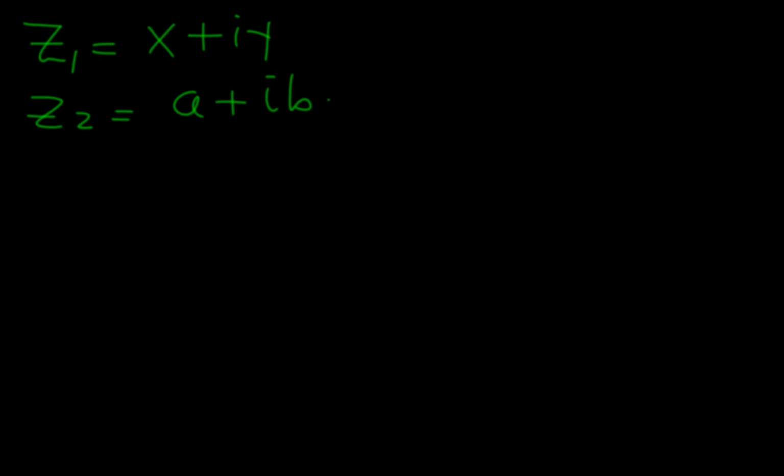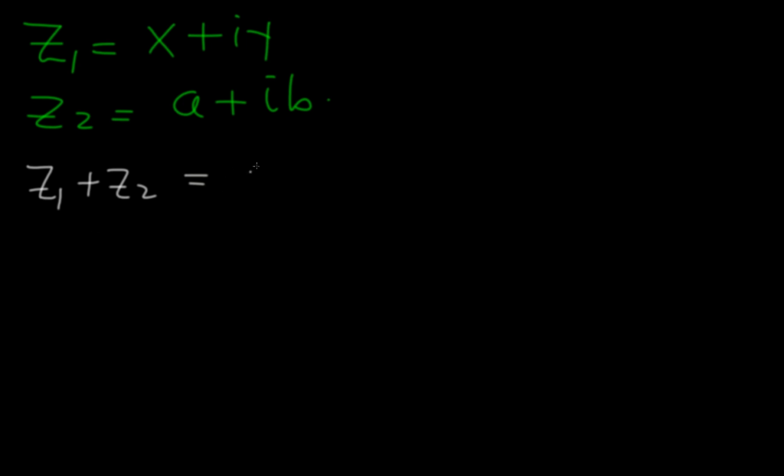Now on our screen we have z1 as x plus iy, where x is the real part and y is the imaginary part. z2 we have a plus ib, where a is the real part and b is the imaginary part. Now we may need to find z1 plus z2, but we said when adding complex numbers, real parts are added separately and the imaginary parts are added separately.